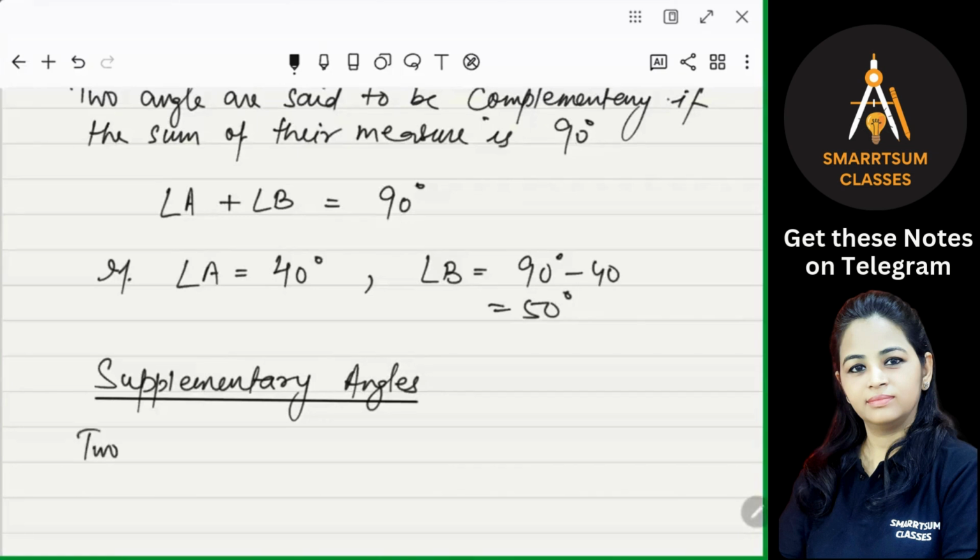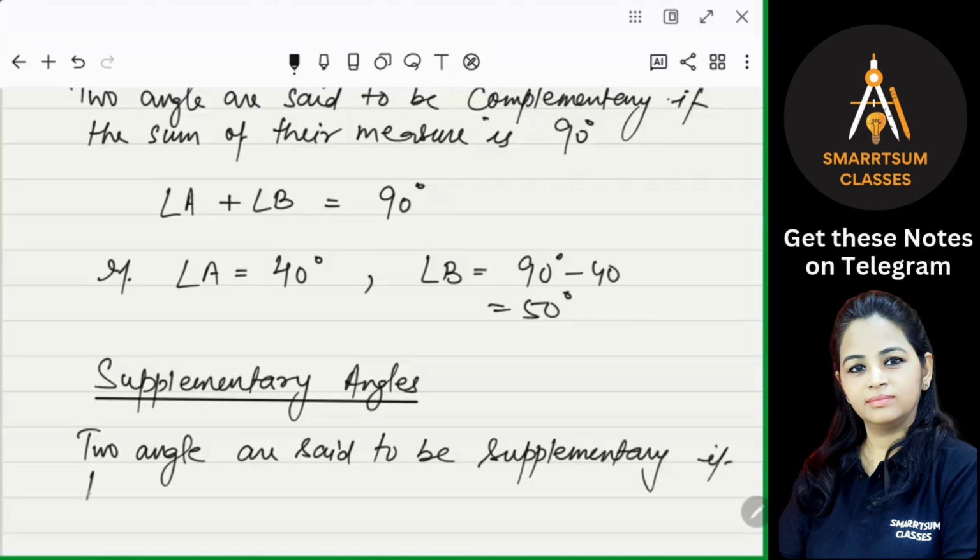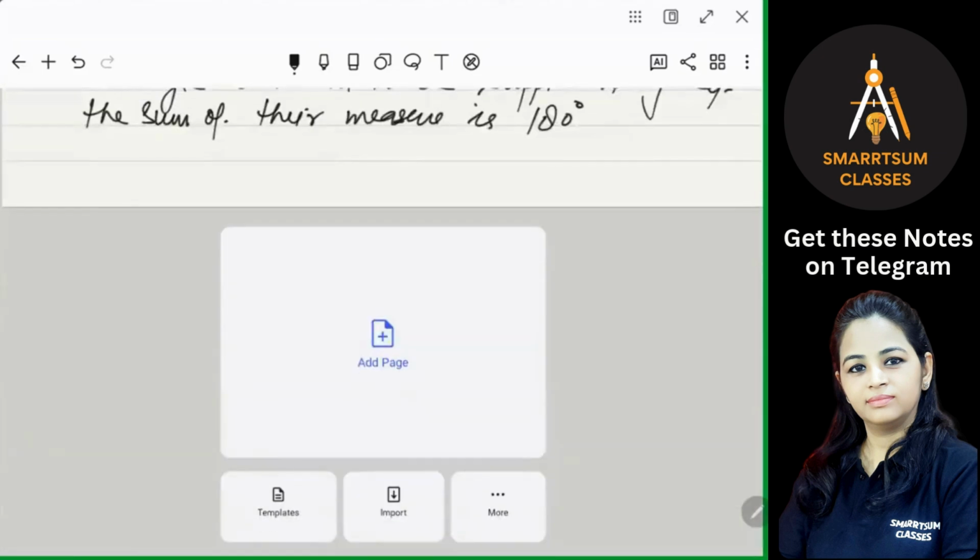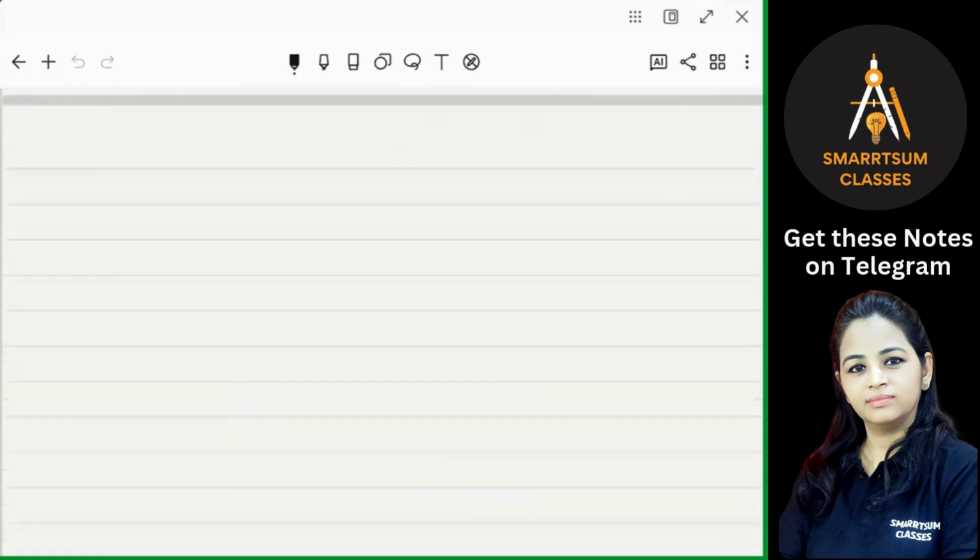So write down: two angles are said to be supplementary if the sum of the measure is 180 degree. Okay. And similarly, the two supplementary angles are called supplement of each other, right?